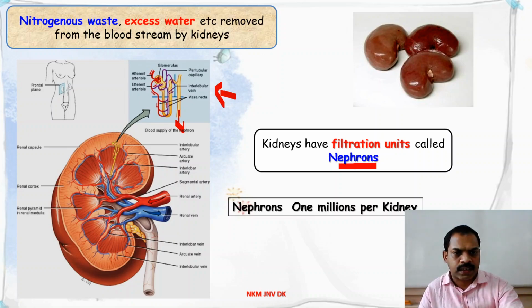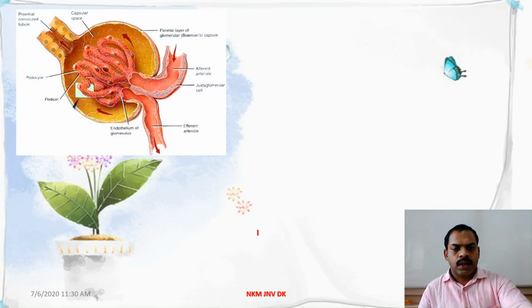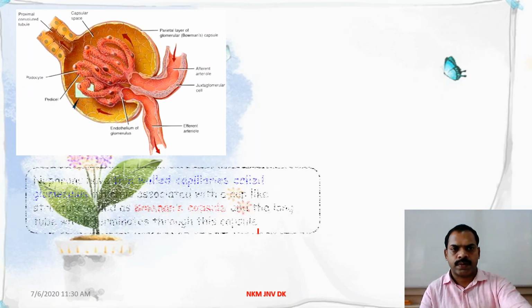All through the calyces, it comes to the main calyces, then into the initial opening part of the ureters, and comes to the urinary bladder. Okay, this is how the filtration happens. So let us see the structure of the nephron. This diagram is not required for you from the examination point of view, but still for understanding purposes, how it works out.